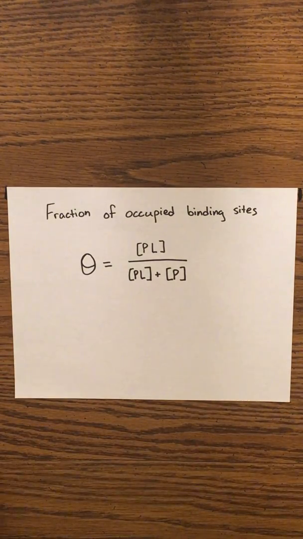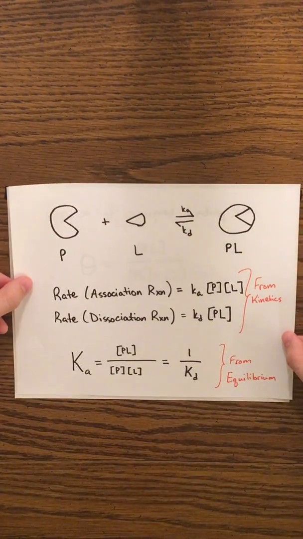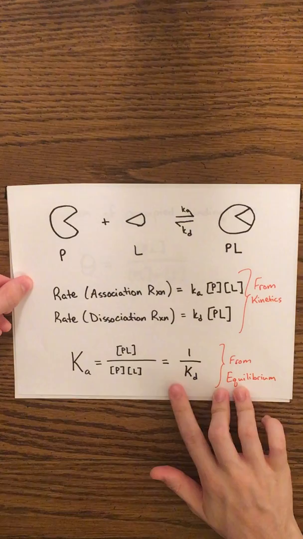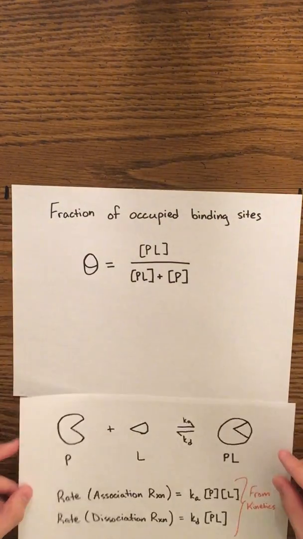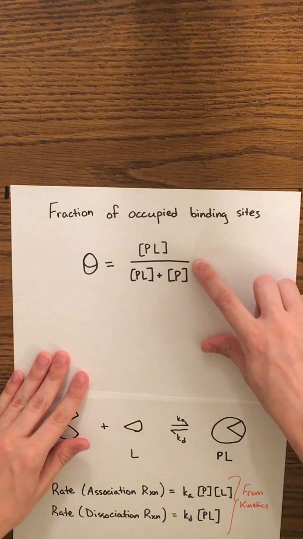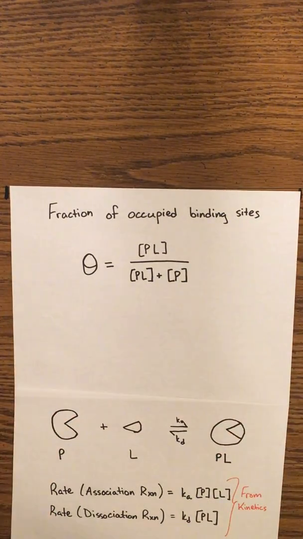Well, looking back at our rate laws and also our equilibrium expression, we are actually going to be able to make this expression into something way easier to work with empirically, and we'll even get to do some problems with it.